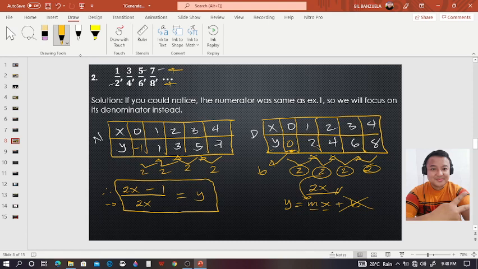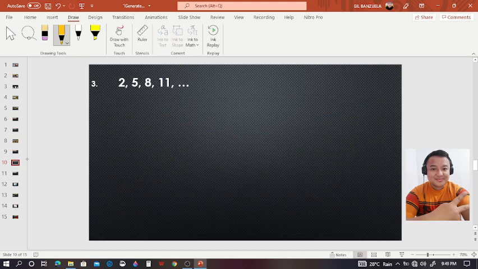The checking will be done by you. Guys, bahala kayong mag-check. Again, to check, isa-isahin natin. Dun muna tayo sa numerator, then check naman natin yung denominator. Basically, ganyan yung gagawin natin. Any questions? I hope naintindihan natin, guys.